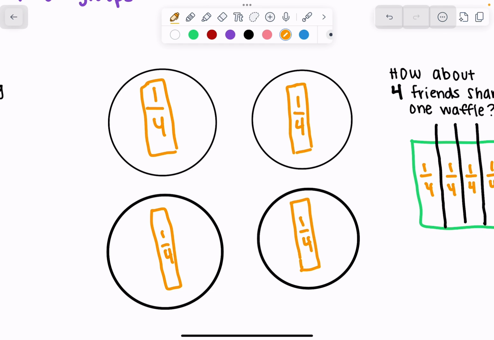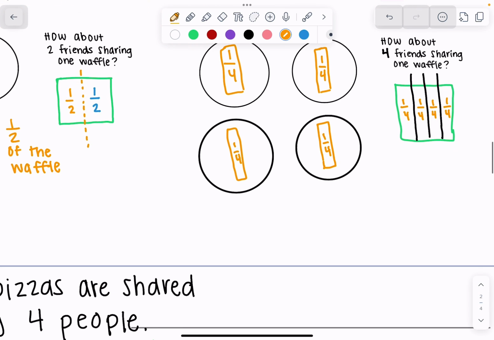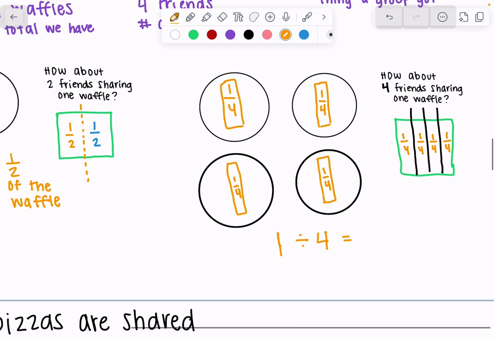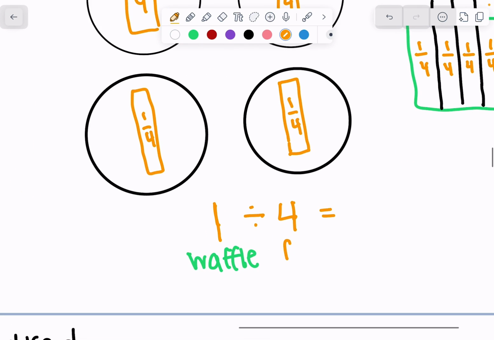So for example, if we were given this division sentence, I could look at it like this. I had one waffle. I divided it among 4 friends, or 4 groups.